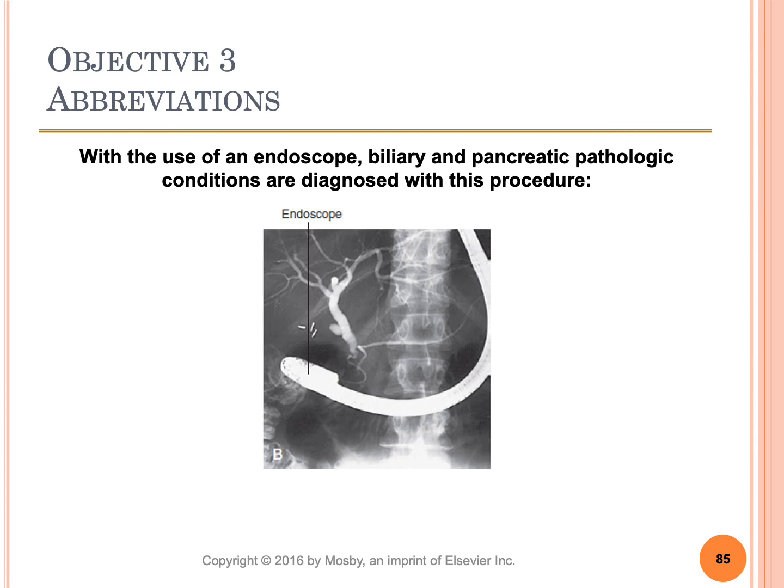With the use of an endoscope, here you see this image, biliary and pancreatic pathologic conditions are diagnosed with what procedure? Remember, biliary is our cue there. And that is our ERCP. Remember, endoscopic retrograde cholangiopancreatography.